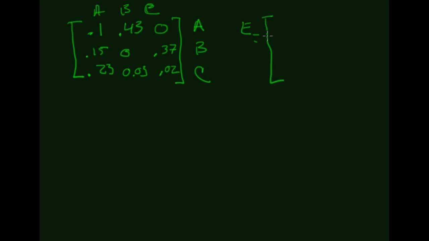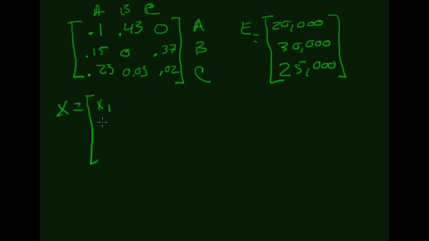Now, I have an external demand. My external demand tells me that I want $20,000 of product A, $30,000 of product B, and $25,000 of product C. So I put that in a column matrix. What I want is some matrix X that tells me the rate of production for product A, product B, and product C. How much money do I have to put into the production of these things in order to produce that surplus, to meet that external demand?